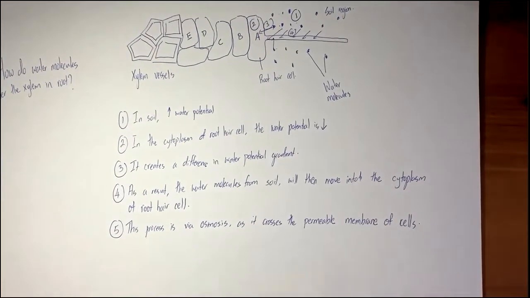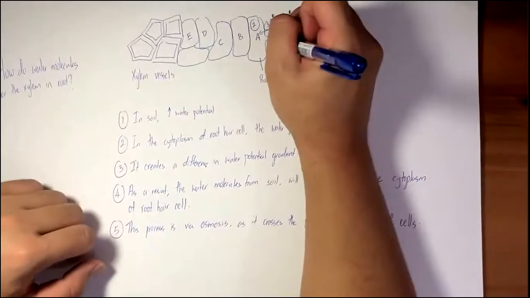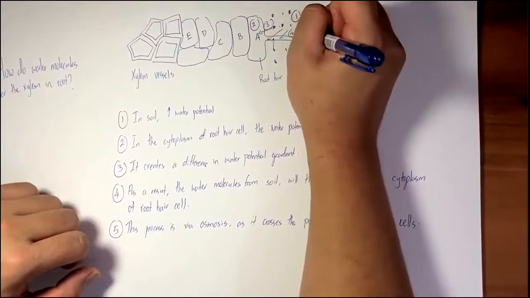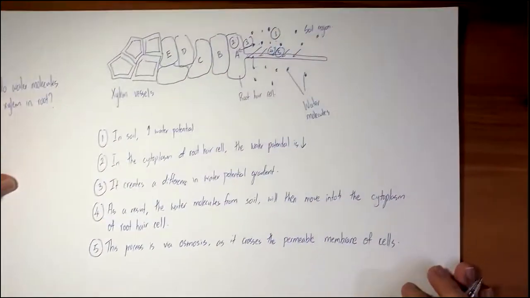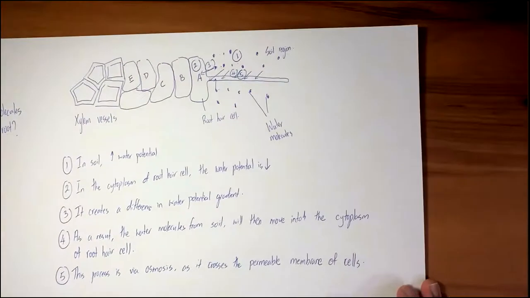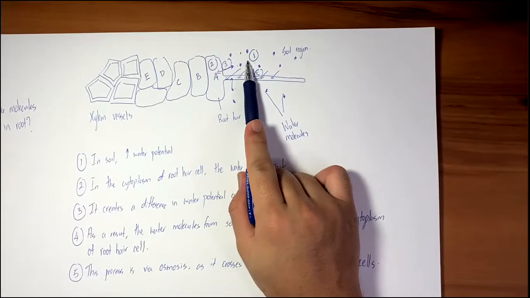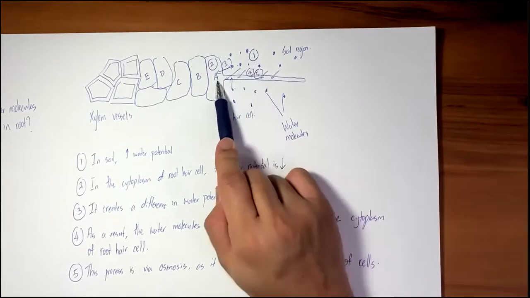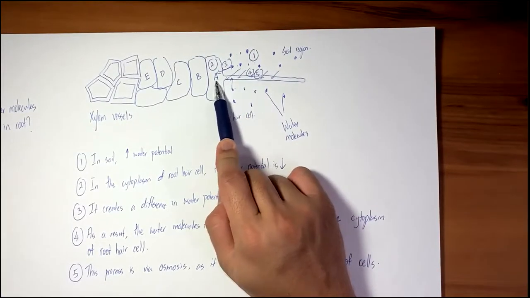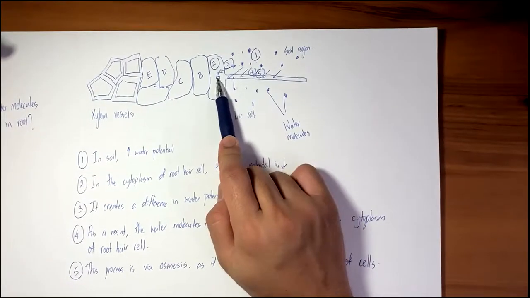Number 4 and technically number 5 is all there, so you can see how they get from the soil into cell A first.